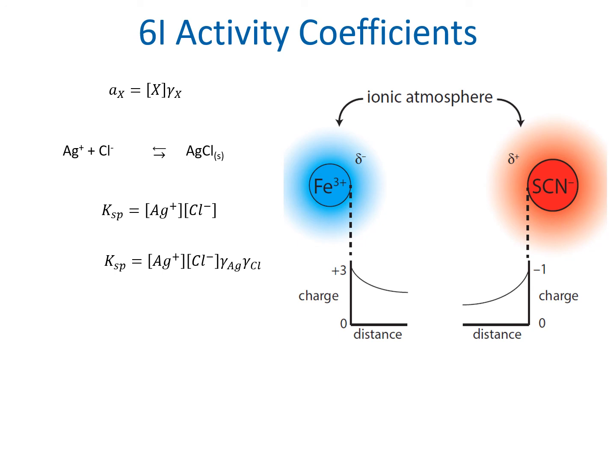We describe this by multiplying our concentrations by an activity coefficient, here indicated as gamma. Together, these are considered the activity of an ion, the concentration times the activity coefficient, which we'd use instead of the concentration alone. By using activities instead of concentrations, we can use constant equilibrium expressions, and we don't have to worry about the changes with ionic strength.